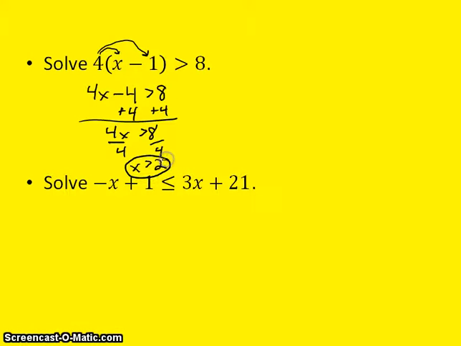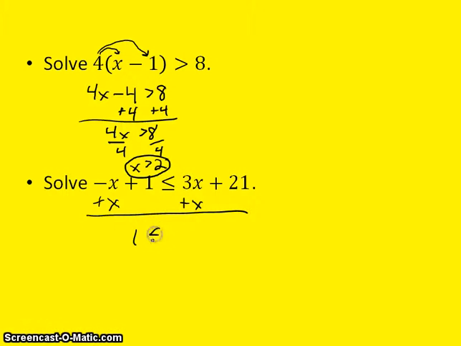Remember, when you're solving inequalities, think inverse operations. It's 4 times x, so the inverse operation of multiplication is division. Now in this next one, we want to get the numbers on one side and the variables on the other. So I'm going to move the variables over to the right side. So I'm going to add x to both sides.